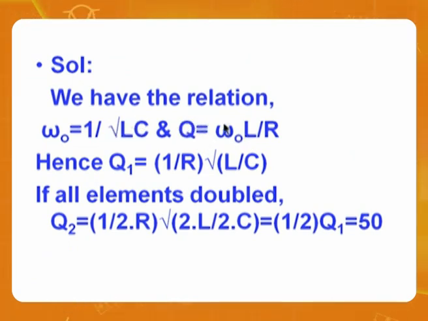Therefore quality factor is omega naught L by R. So if quality factor 1 is 1 by R root of L by C, then what should be the quality factor 2 when all are doubled? What do you mean by double? Resistor is double, inductor is double, capacitor is double. This 2 and this 2 will cancel. Then you bring this to half. So this becomes half of the previous. Half of the previous means half of 100 is 50.